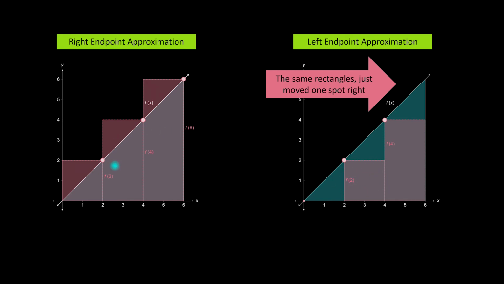And likewise, the second rectangle over here becomes the third rectangle over there. So when we want to do the left endpoint approximation, we're shifting the points, the x values that we're using to get the height, we're shifting those over.